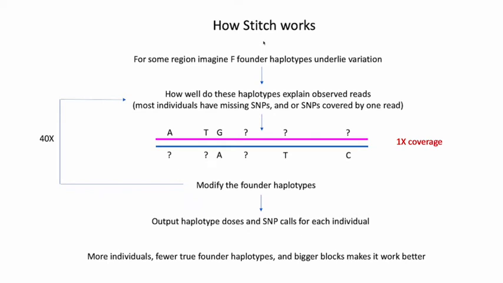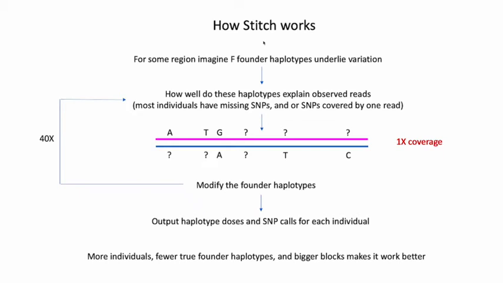So how does the method work? I found it to be extremely poorly explained in the paper, so I tried to explain it more simply. I don't know if I've succeeded or not, but for some region, imagine that there are actually F founder haplotypes that underlie that variation.